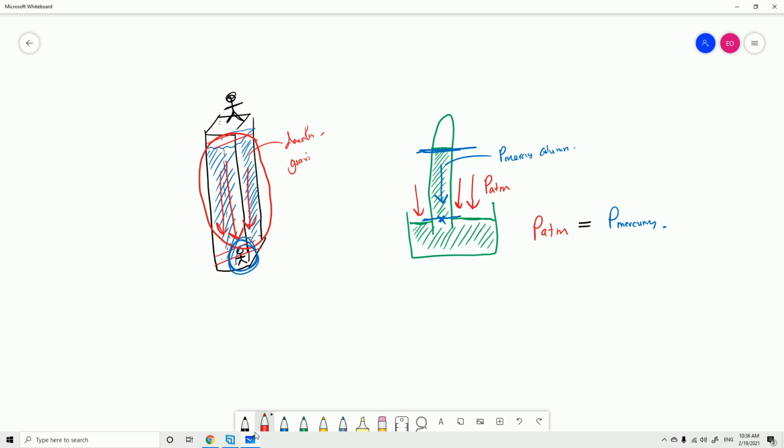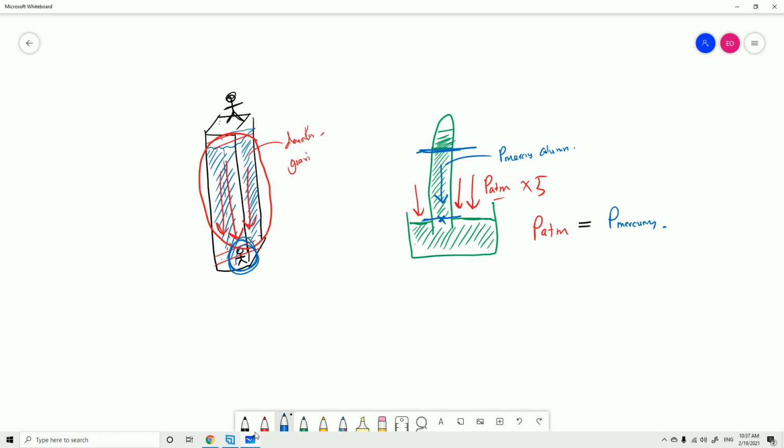For example, if I suddenly amplified the pressure and timesed it by 5, suddenly increasing the atmospheric pressure, then you'll find that it'll break the equilibrium and the mercury will start to rise inside the column, because you're increasing the pressure and more downwards force will cause that to happen. But given that everything is in equilibrium, what you know is that the atmospheric pressure must be equal to the pressure inside the mercury column.